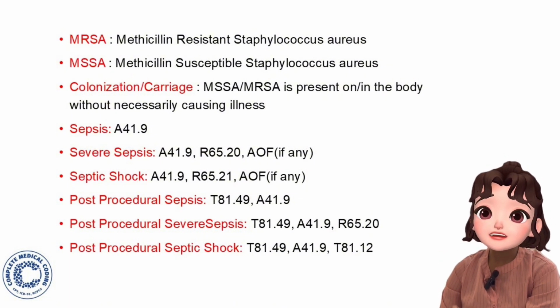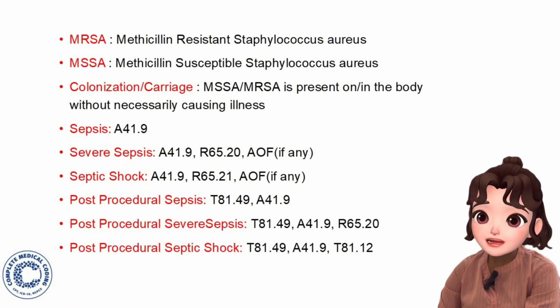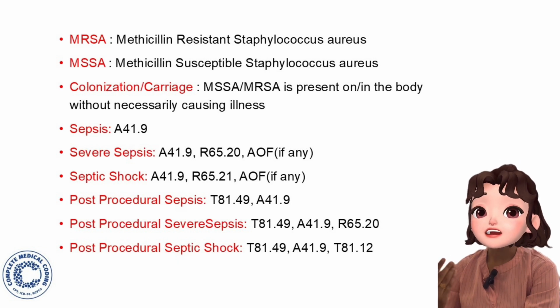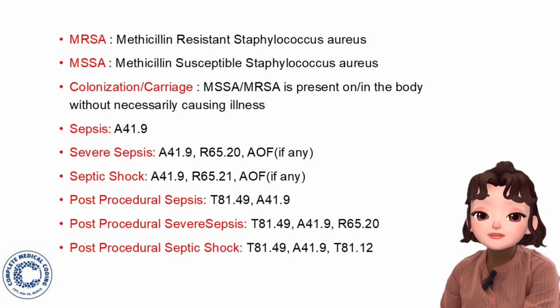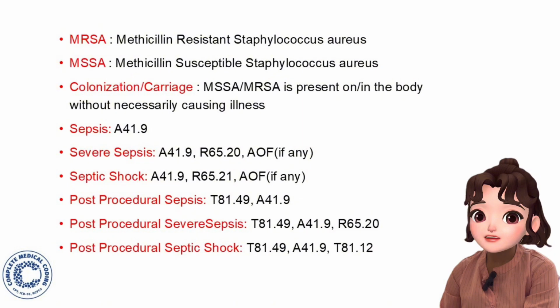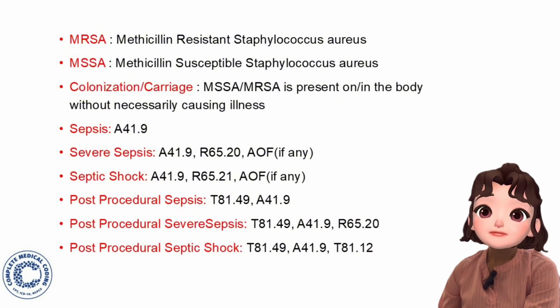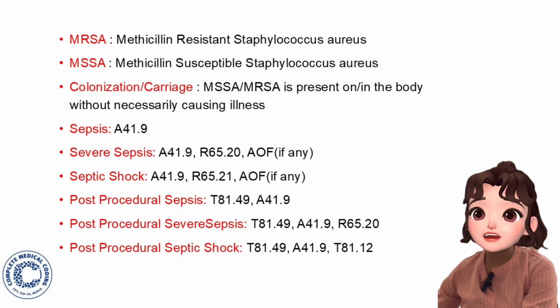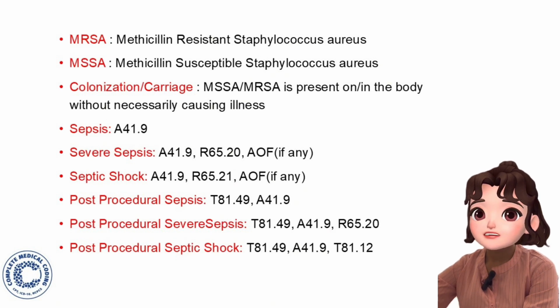If it is severe sepsis, first use A41.9, the sepsis code, then R65.20, and then AOF. AOF means acute organ failure. So the second one should be the severe sepsis code and the third one should be the organ failure.